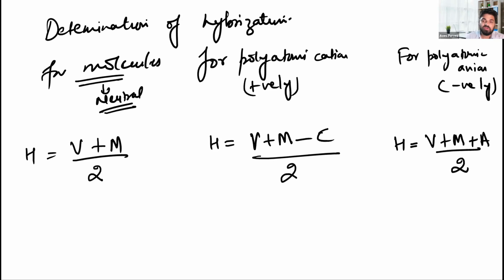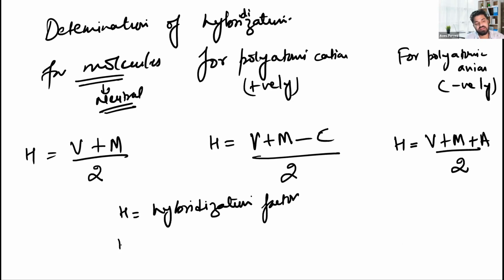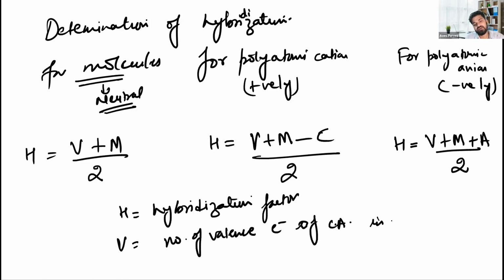Please note it down that H is the hybridization factor. The second one, V, is the number of valence electrons of the central atom in free state.